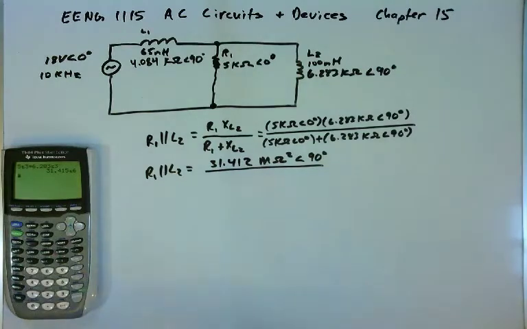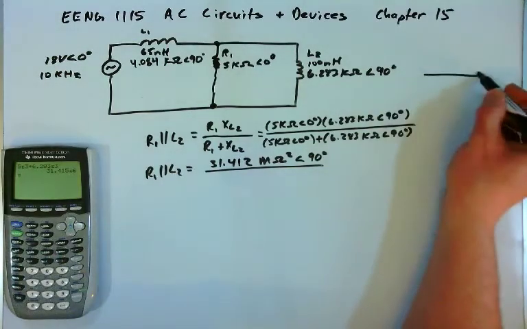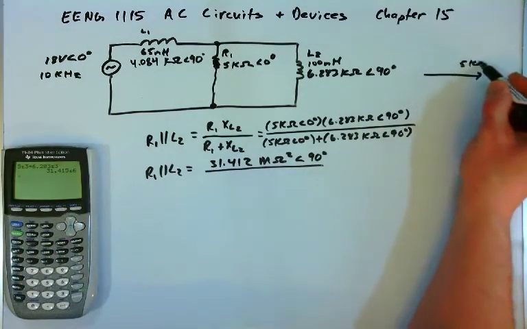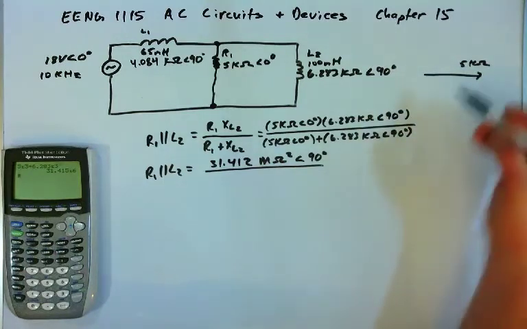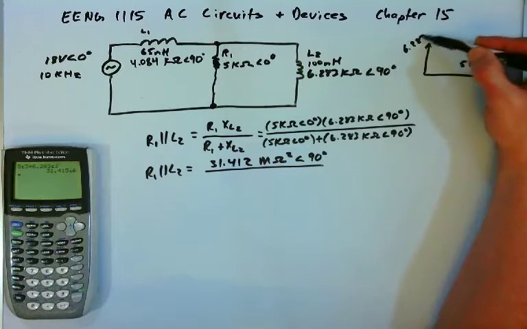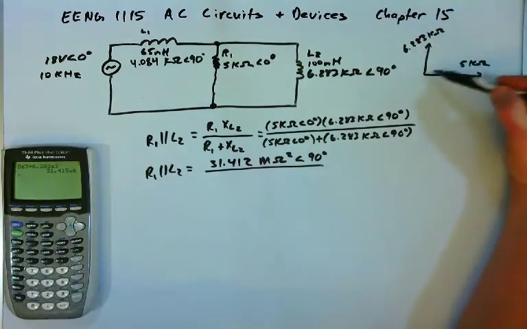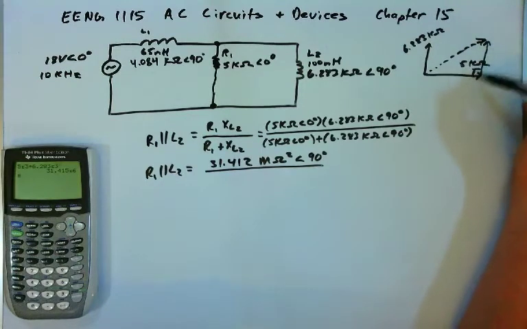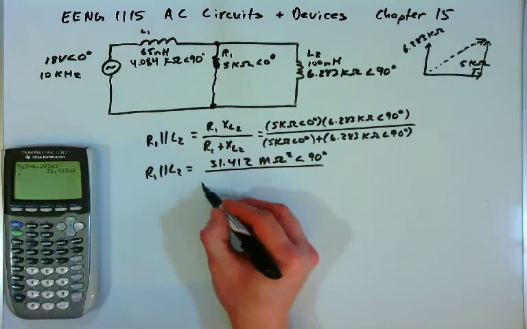Now the sum is a little bit harder, of course. Again, we have 5 kilo ohms at 0 degrees. We have 6.283 kilo ohms at 90 degrees, and we're looking for the vector sum. And so we're looking for the hypotenuse of this right triangle. We'll use Pythagorean theorem.